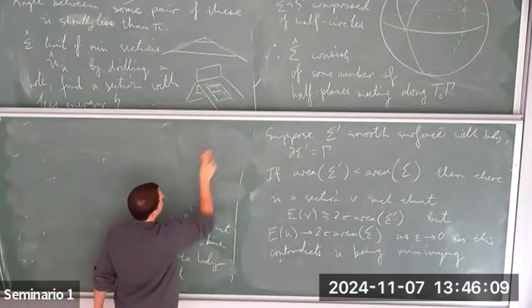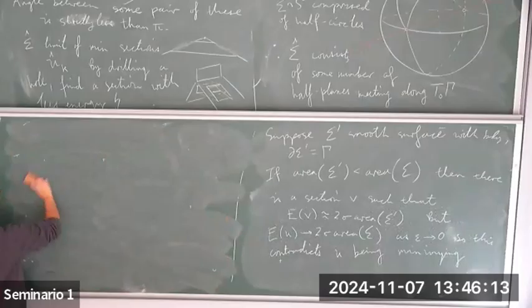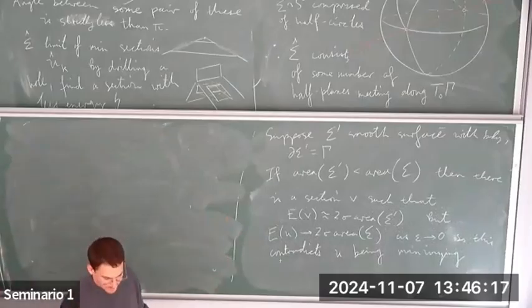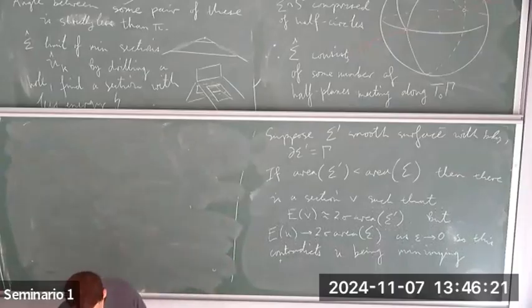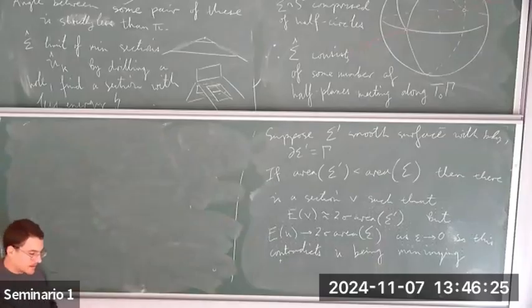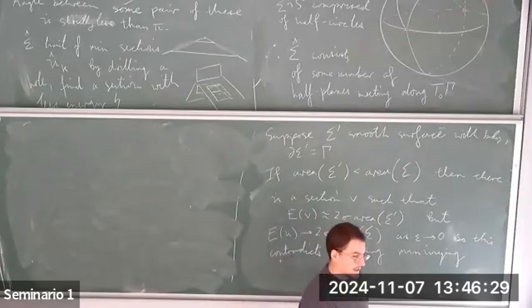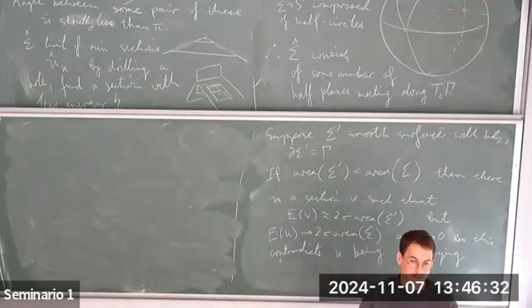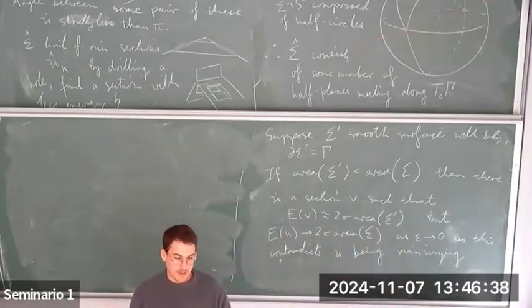So let me just finish by mentioning a couple of open questions. I've described how to prove boundary regularity by blowing up and applying the Allard regularity theorem. And then I've described how to get interior regularity using the results of Wang and Wei.